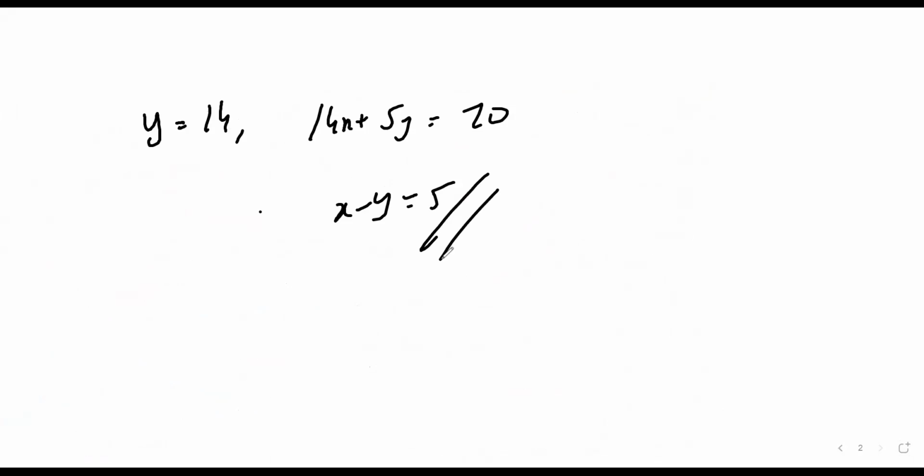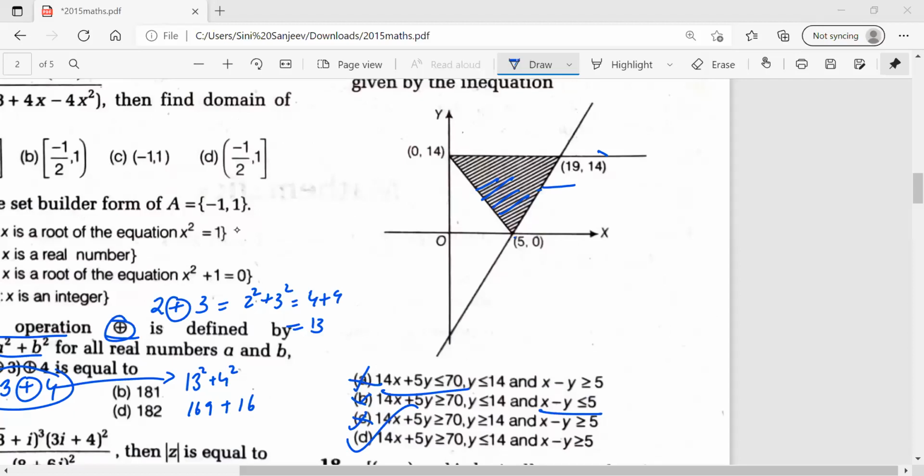Let me see the answer. Yeah, this is a very basic question. I think this is the same kind of question as in the first exercise of LPP. It's a simple question. In the doubt section, I'll explain this question to those who do not understand.